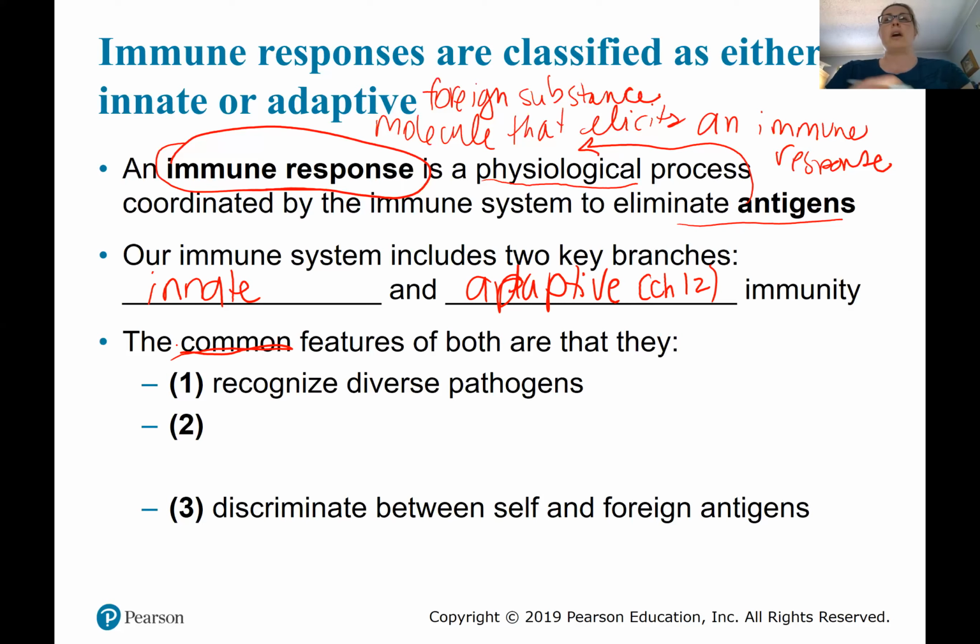Okay, so I know we just got done with one test, but looking ahead to the next one, some things that you're going to want to remember are how innate and adaptive immunity are similar, and then also what makes them different. Both of these types of immunity recognize a lot of different types of pathogens, and they also will then try to eliminate those identified pathogens.